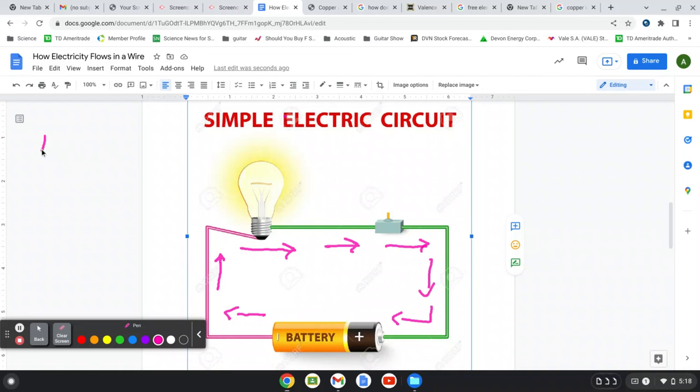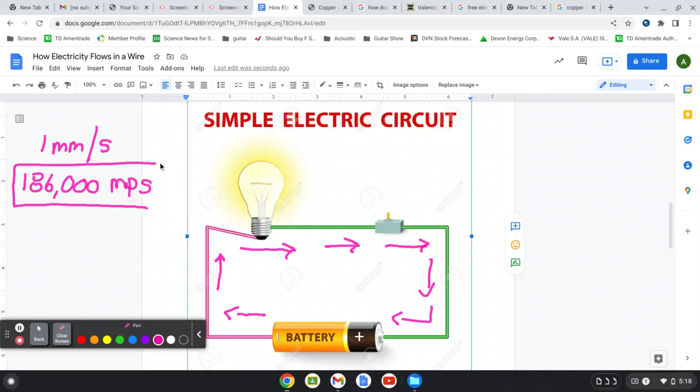Remember, it's flowing about 1 millimeter per second, which is slower than us. We can move faster than that. Actual light is 186,000 miles per second, which we can't get anywhere near, and we never will. So the field is moving close to the speed of light. The field that it's generating is close to the speed of light, but each individual electron is not doing that.